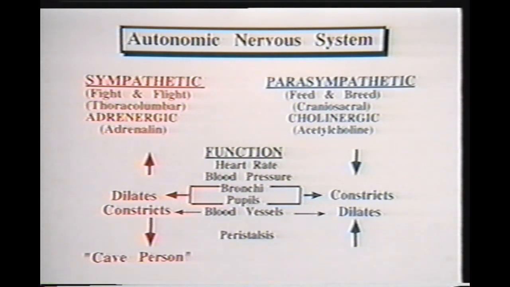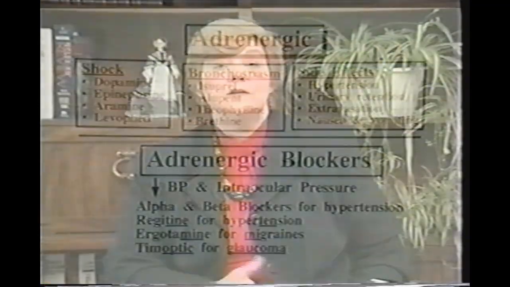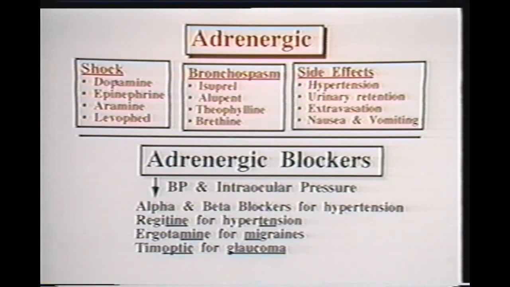The first of these that we want to look at are some of the adrenergic medications. We can use adrenergic drugs to treat shock. Things like dopamine and epinephrine and Aramine and Levophed are drugs that will raise the blood pressure and do very well at raising the blood pressure. We may also see them used in the treatment of bronchospasm.